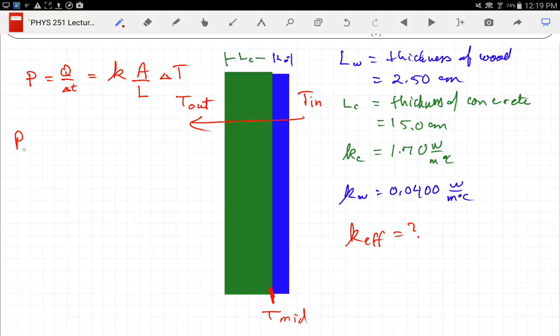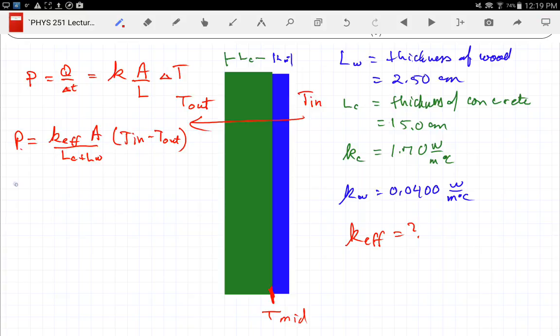I can write power is equal to K effective, what I'm looking for, multiplied by the area, multiplied by what's the total length that the heat has to go through? LW plus LC. Right. LC plus LW, multiplied by the change in temperature, which would be, let's just put temperature in minus temperature out. So I can do that one.